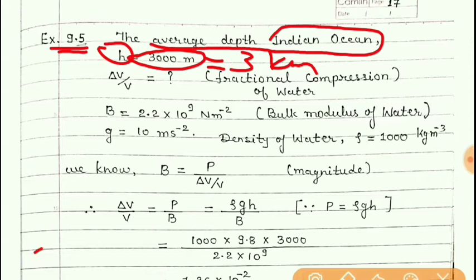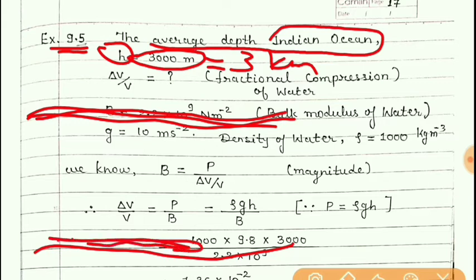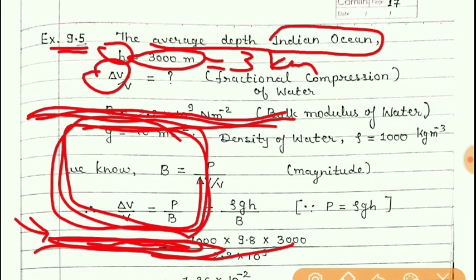Suppose this is the base and this is the surface of the ocean. The water at the base has the pressure of the water on it. So due to the pressure of this upper water column, this lower water is compressed, and so its volume is decreased.